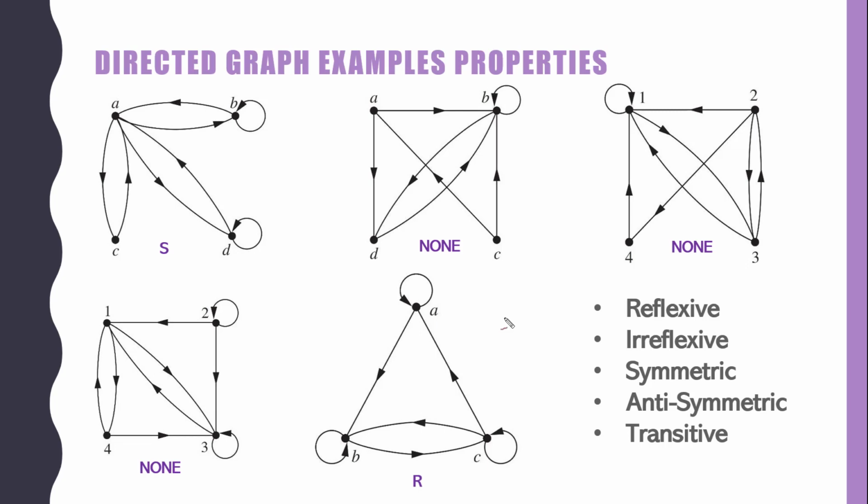And lastly, for transitive, if there's an indirect path from, say, point A to point X, then there must be a direct path from point A to point X. And that's it. As you can see, using a digraph can be very useful when looking at the properties of a relation. So now we have in our toolkit the ability to represent a relation in a set, just a set of ordered pairs, in a matrix, and in a digraph.